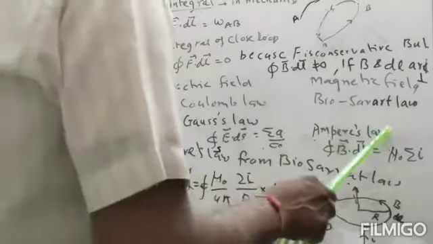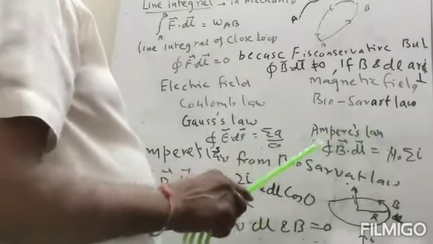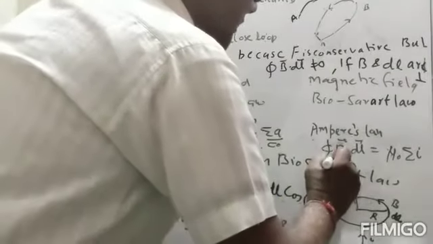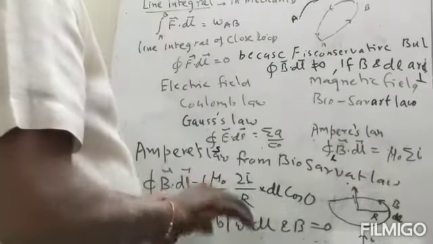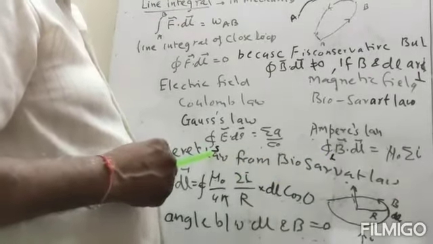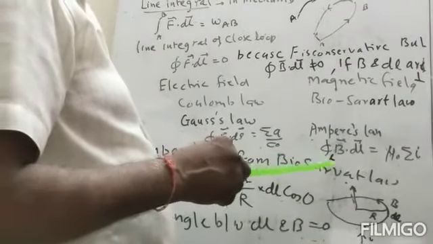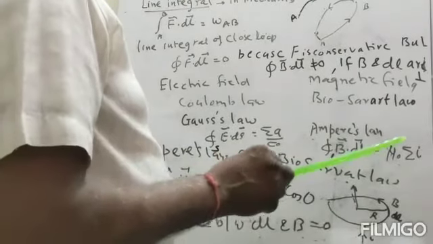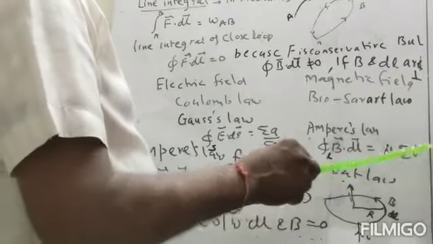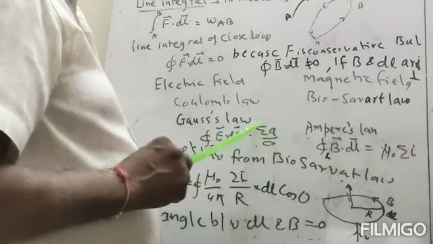And in Ampere's circuital law, the line integral of B dl, we can also write L here. L represents the line integral, S represents the surface integral. So this is the line integral, and it will be equal to mu 0 times summation of I. Here this is the summation of current, there it is the summation of charges.